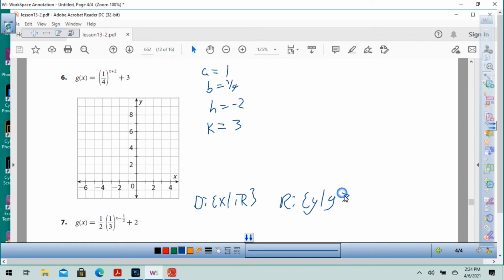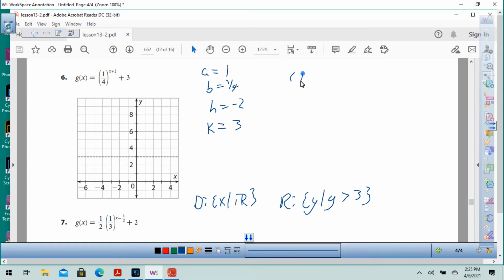Positive, so it's going to be greater than, K is 3. That gives you your horizontal asymptote. Horizontal asymptote is y equals 3. We get that from our K.